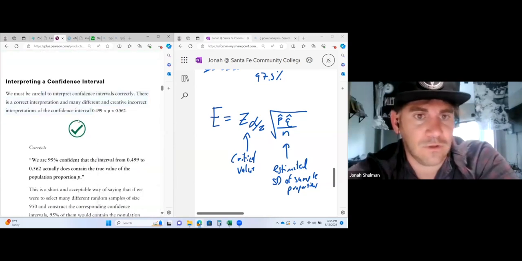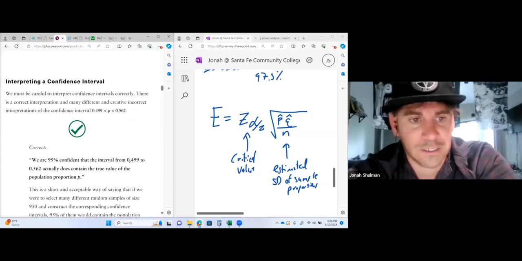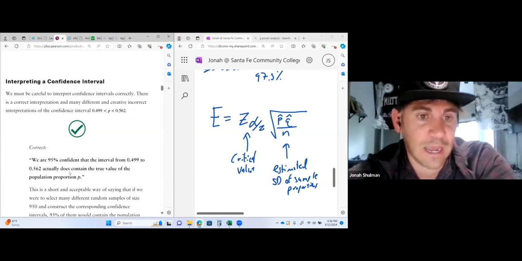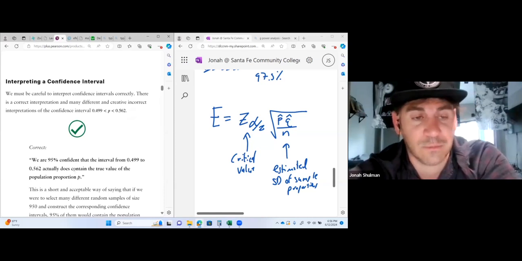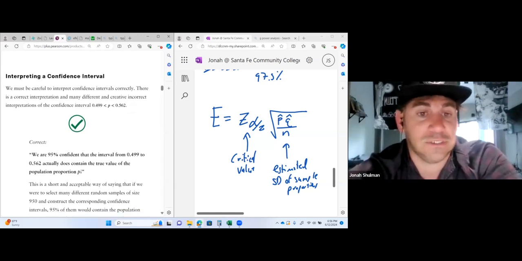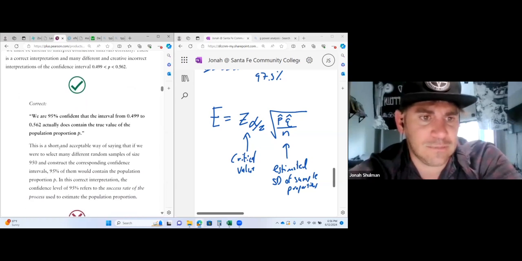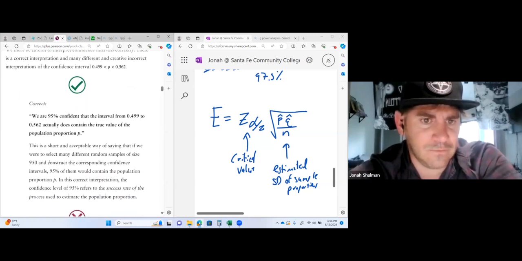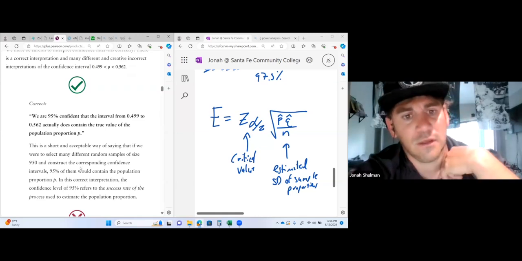Okay, so what does it say? We are 95% confident that the interval from 0.499 to 0.562 actually does contain the true value of the population proportion. Yes, I feel like I've said that a bunch of times. This is a short and acceptable way. It's like many different random samples from 950.